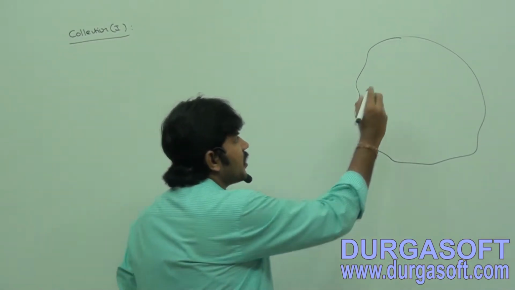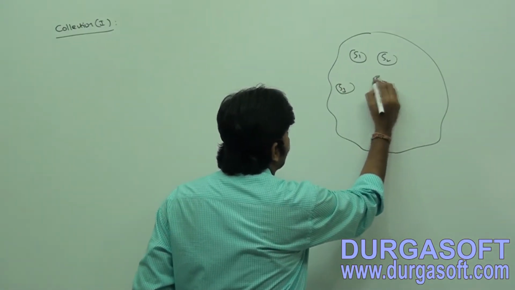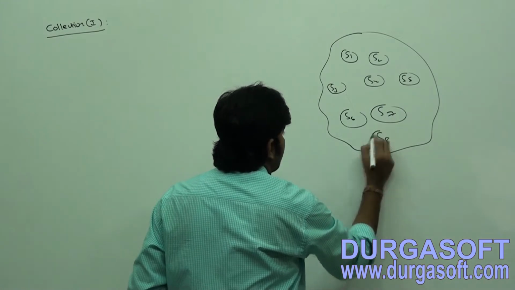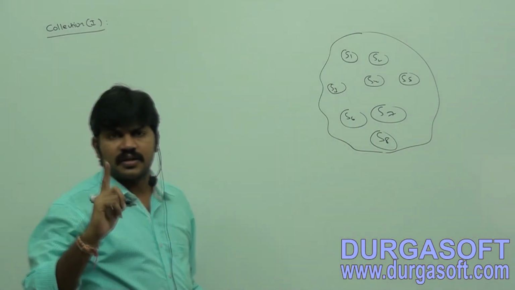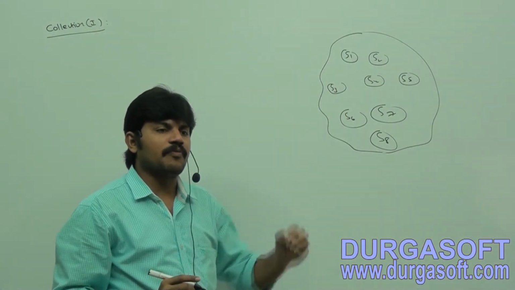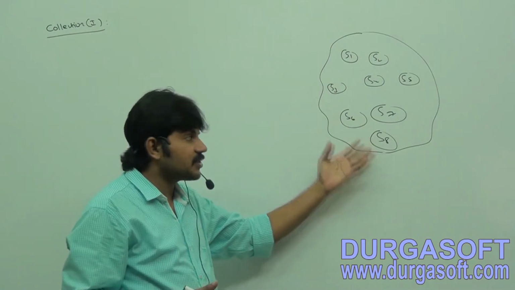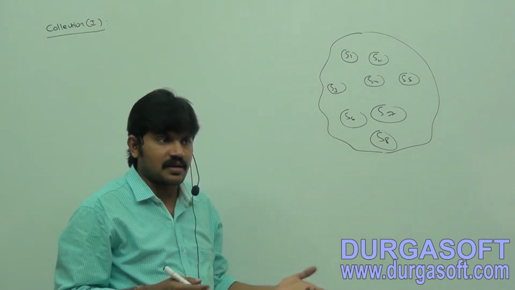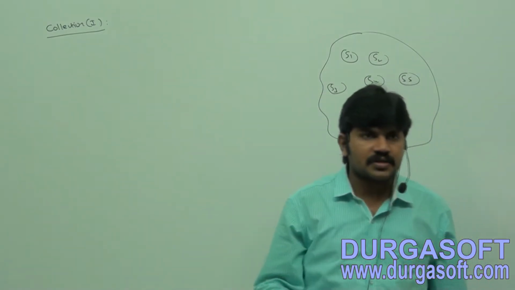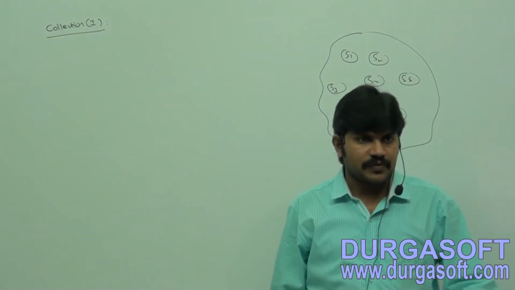Here I have one object, second object, third object, fourth object, fifth object, like there are several objects. It may be ArrayList, LinkedList, Stack, TreeSet or HashSet. For any collection object, the most commonly required methods are defined in the collection interface. Are you getting that?